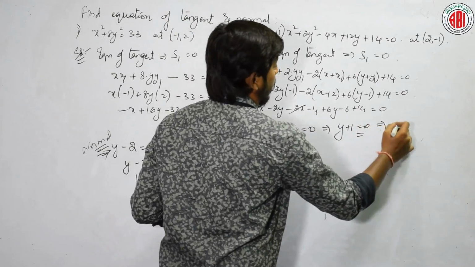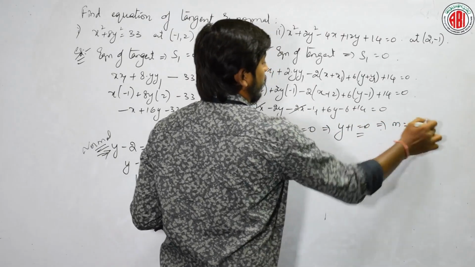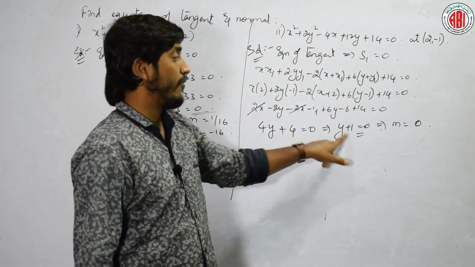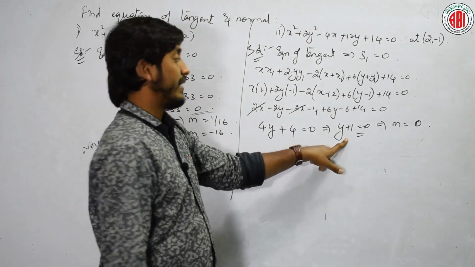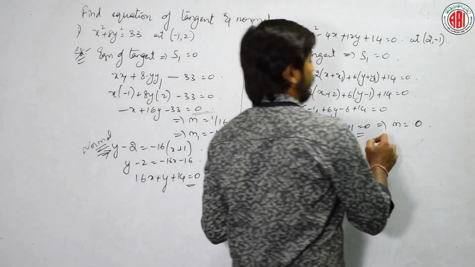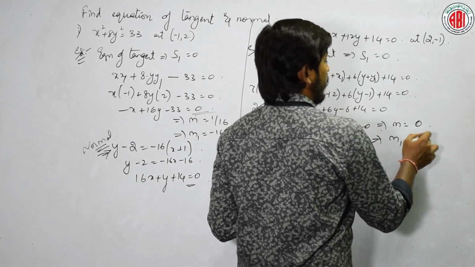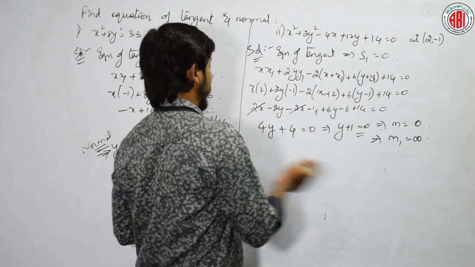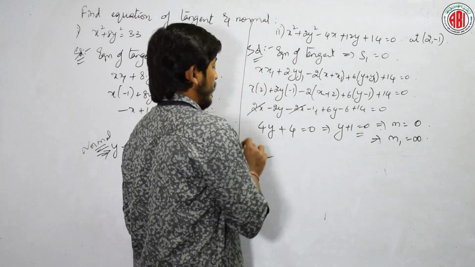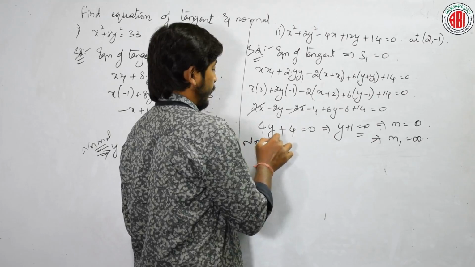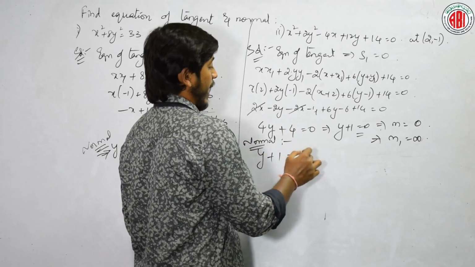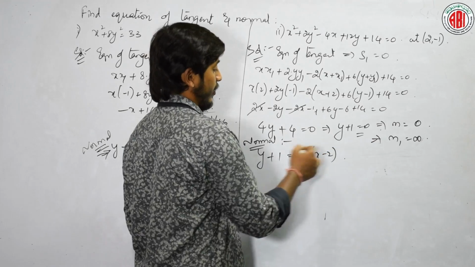What is the slope? Minus 1 by 0. There is no 0 itself. Minus x coefficient by y coefficient. What is the slope for the perpendicular? Perpendicular slope is infinity. Yes. So, let us write it. This is normal. y minus y1 is equal to m into (x minus x1).